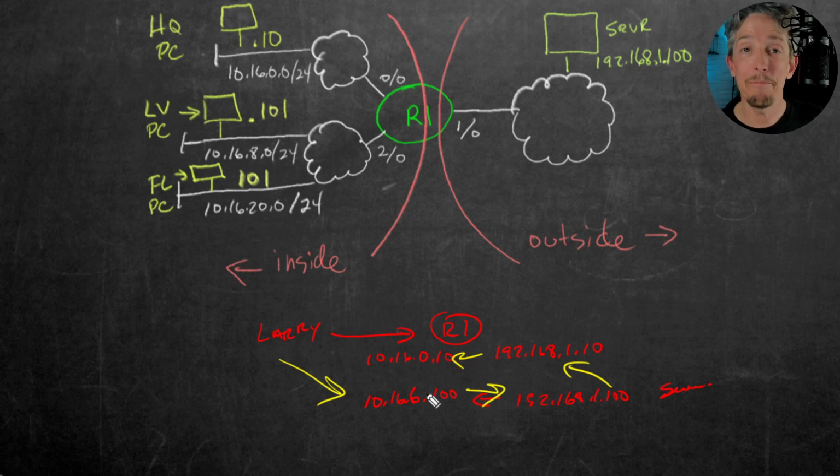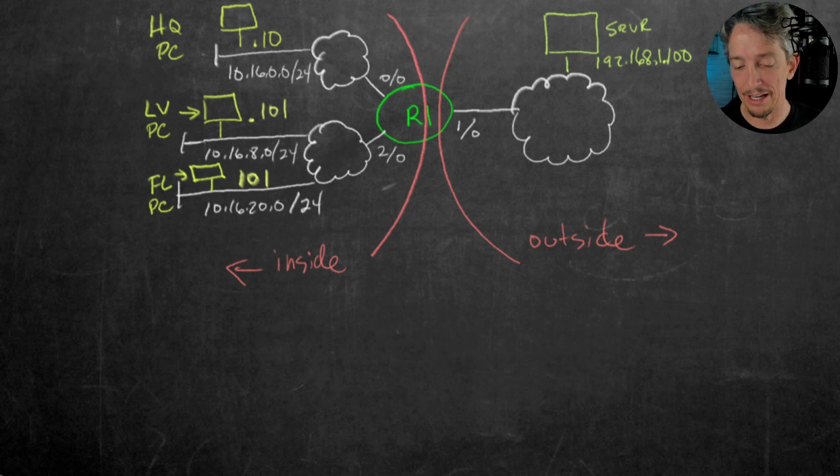Yeah, it's not pretty, but that's literally what's going to happen. We just need to add one more translation rule to make that happen. And then we can actually see the translation table. And the whole goal of this session is so that you understand Larry's local, his perspective of the addresses, and then Google's global and his perspective, because that will serve you every time you look at IP NAT translations.